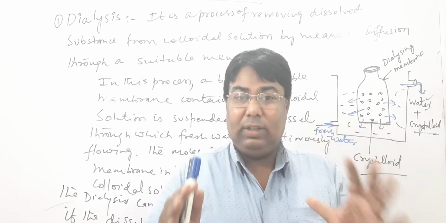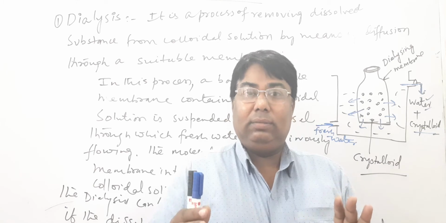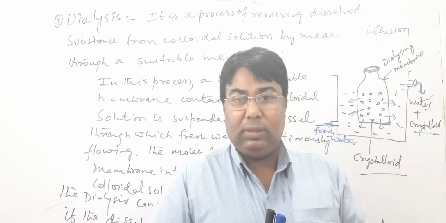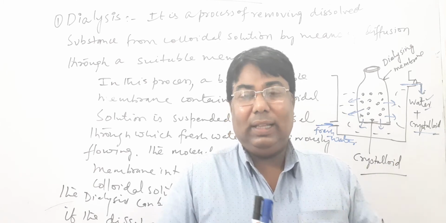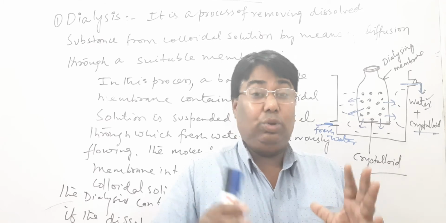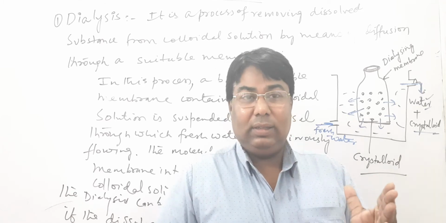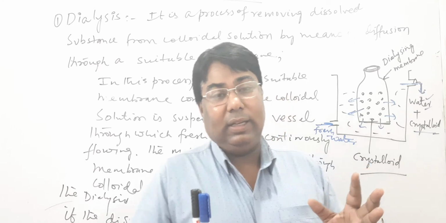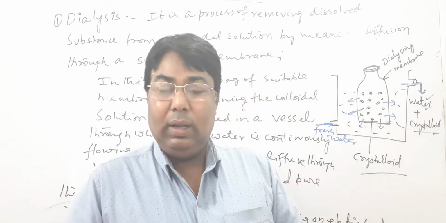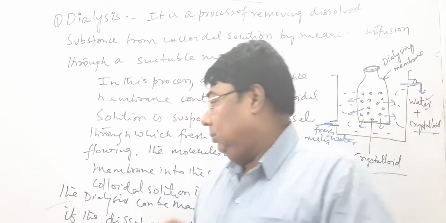So dialysis is very important. From the previous year question bank, we can say that several times questions based on dialysis are asked in the examinations. So please, all of you always remember.